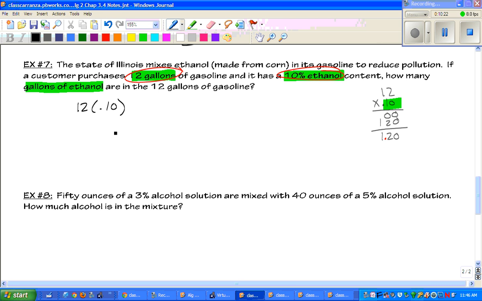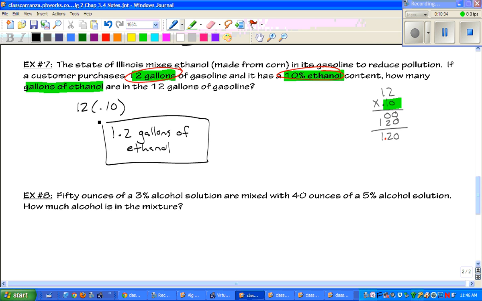So in the 12 gallons of gasoline, you'd have 1.2 gallons of ethanol. The key thing with these is to make sure to label your answers.